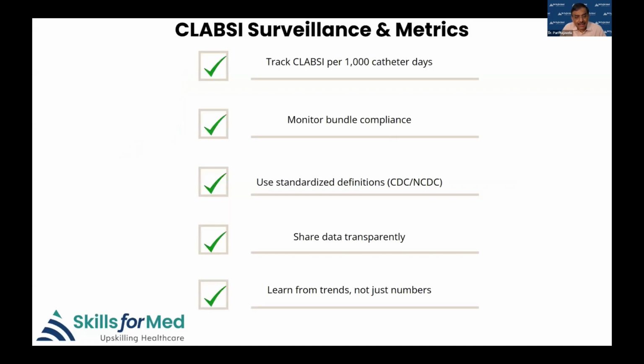Okay. So these are the surveillance and metrics you need to follow. Track CLABSI per 1,000 catheter days. We're not going into detail about calculating and all this. If you're more interested, then you need to either take our IPC course or join the ICN course. You need to monitor the bundle compliance.